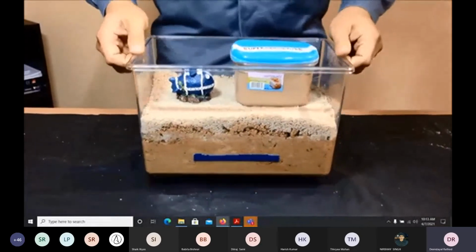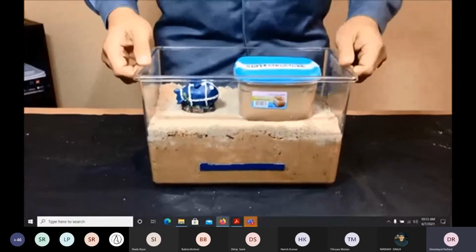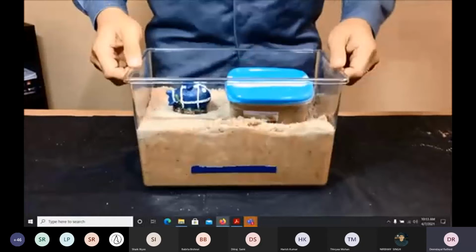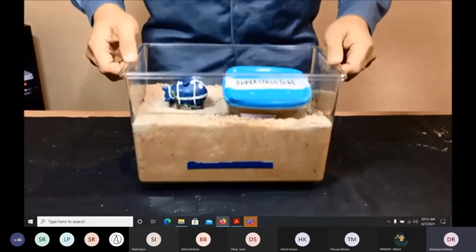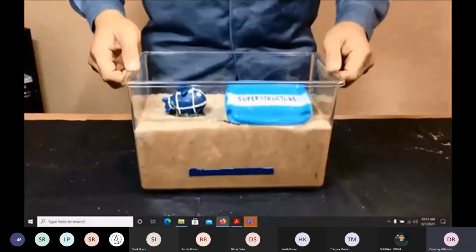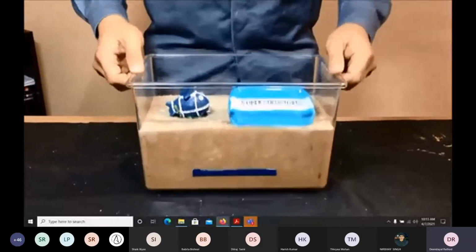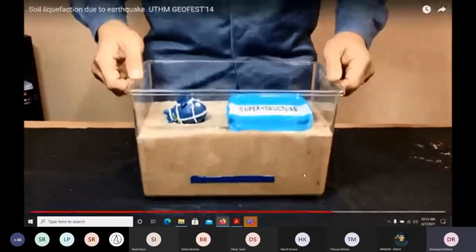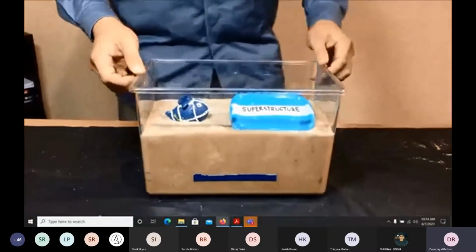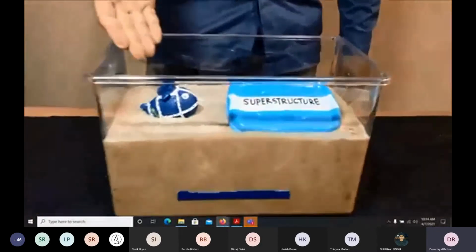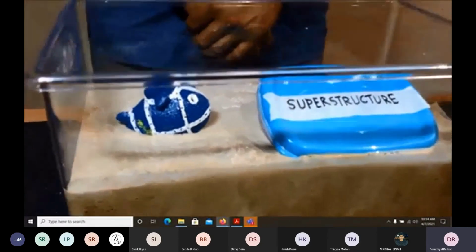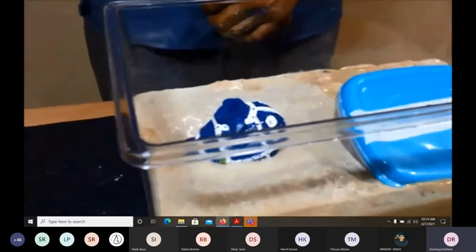We can shake it or drop it, something can be done. That's how buildings collapse, and the whole building sinks.